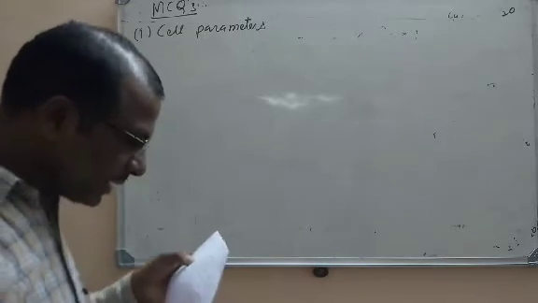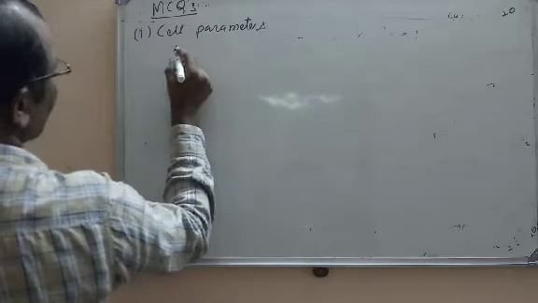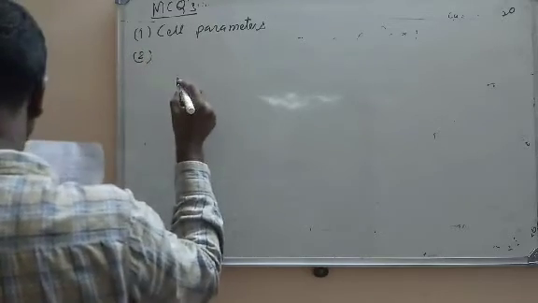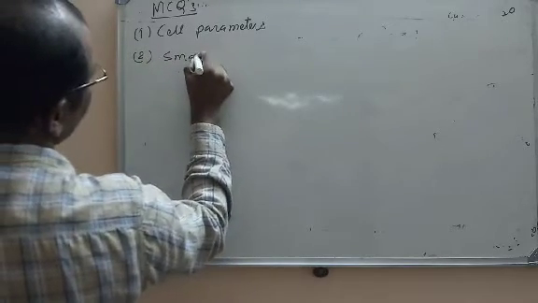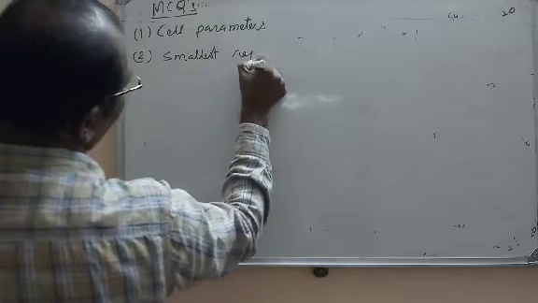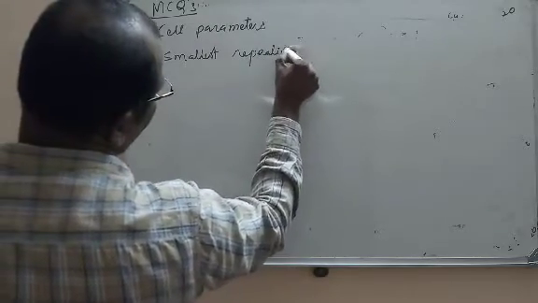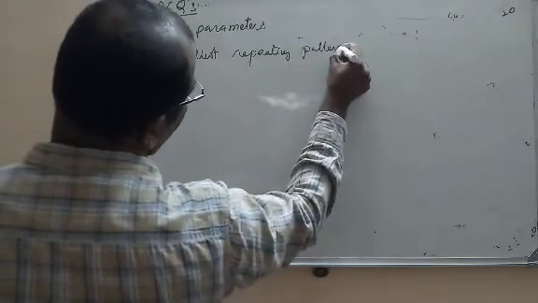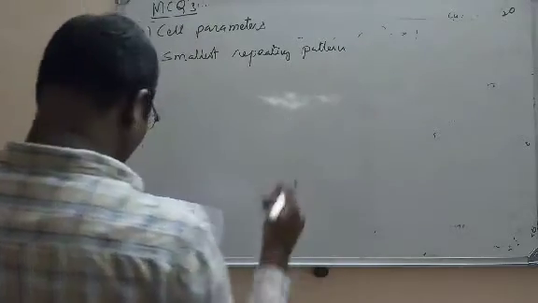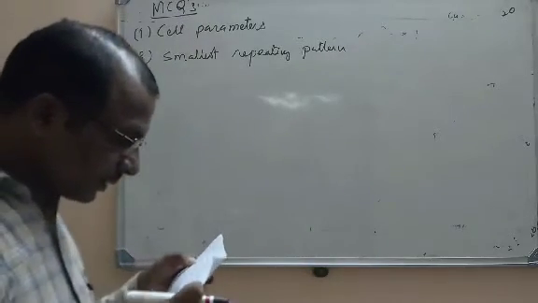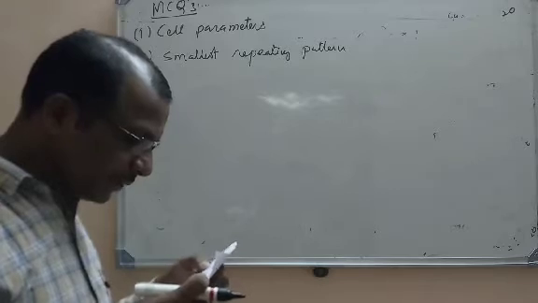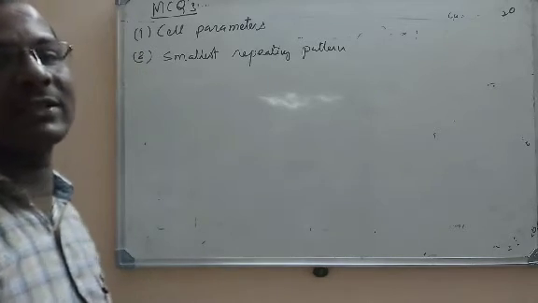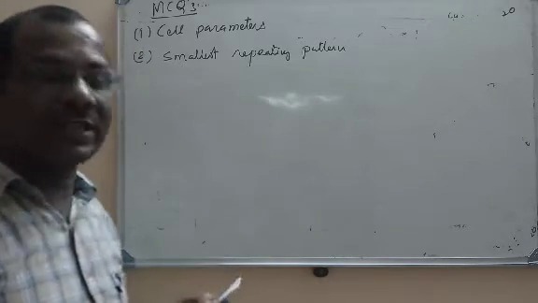Next, the smallest repeating pattern of a unit cell. Second objective question is the smallest repeating portion or repeating pattern of a crystal. Smallest repeating unit of a crystal. What is the smallest repeating pattern? First one, unit cell.